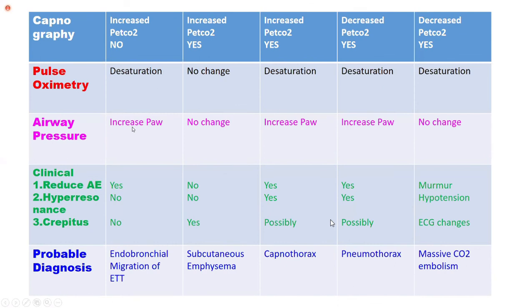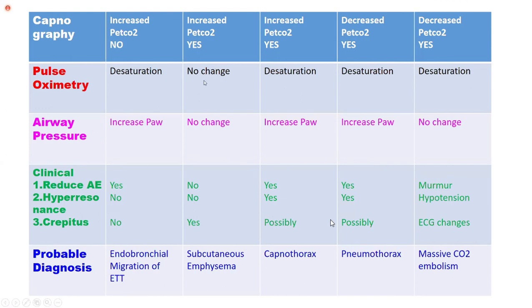There will be increase in airway pressure. There will be reduced air entry. There will be no hyperresonance, no crepitus. So absent or reduced air entry, increase in airway pressure, hypoxemia, but normal CO2, you have to suspect endobronchial migration. Whereas in subcutaneous emphysema, there will be increase in EtCO2, but pulse oximetry may not show any change.